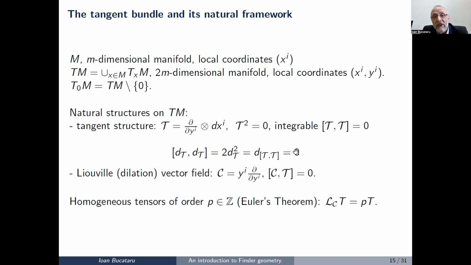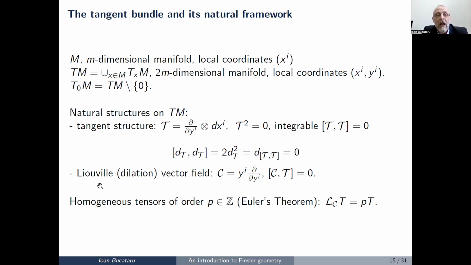Because of this property here, think of this as d squared. So think of the exterior derivative, the classical exterior derivative. You have the de Rham cohomology. You have all these properties. So you have that exact forms are closed, and locally closed forms are exact forms. Something like that you can do for this derivation here.